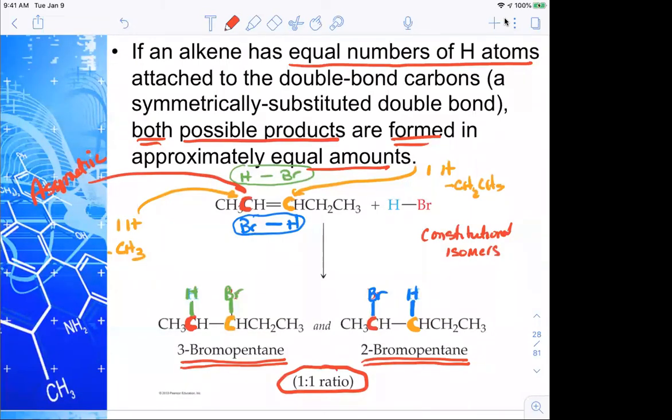There is really no rule to follow because these 2 carbons both have one hydrogen attached to them. So I get the 2 different products in that 1-to-1 ratio. And this is something you really want to consider when my double bond has the same number of hydrogens, but has different alkyl groups attached to it, which gives it that asymmetry and makes the products constitutional isomers.